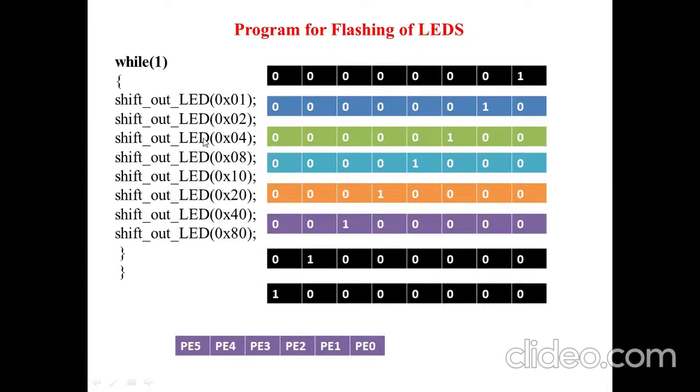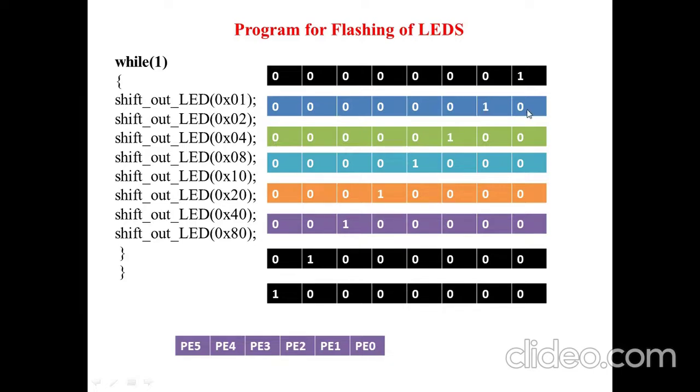Now I'm going to set the data on the output pins D0 to D7. Consider this is the D0 to D7 array. This is D0, this is D7. In this fashion, you have to connect 8 LEDs. First, I'm going to turn on the first LED, and the remaining LEDs are off. So I will consider the hexadecimal value: the first four bits are zero, so 0, and this bit is 1, so 0x01.